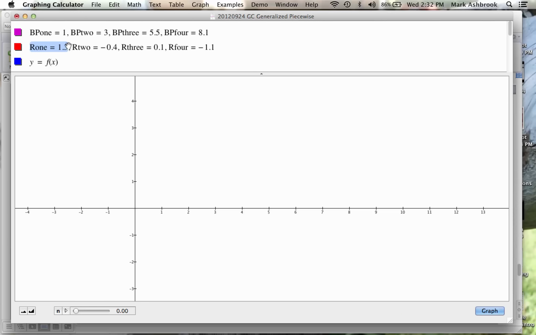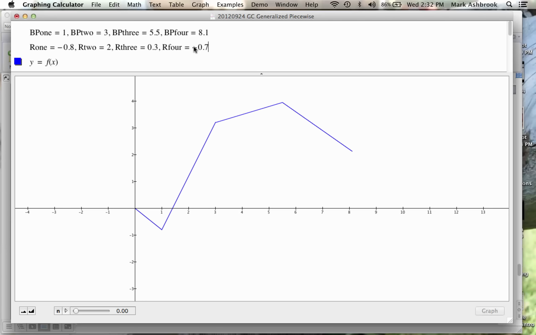Rate number 1, let's say negative 0.8, rate 2 of 2, rate 3 of 0.3, and rate 4 of negative 0.7.